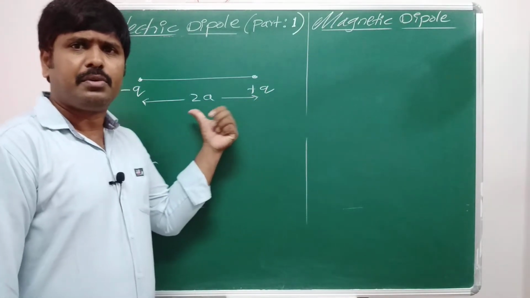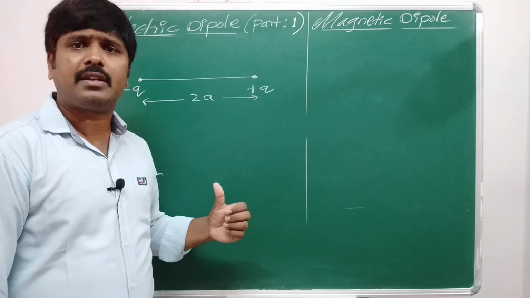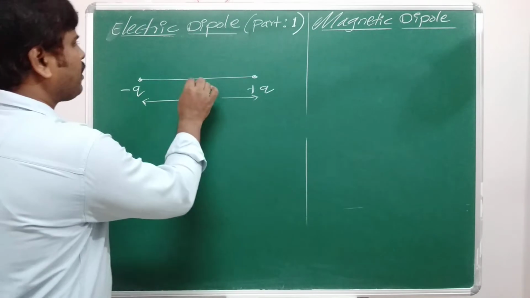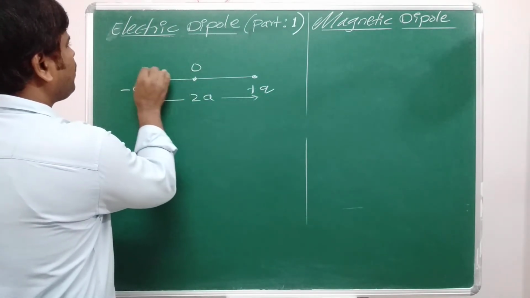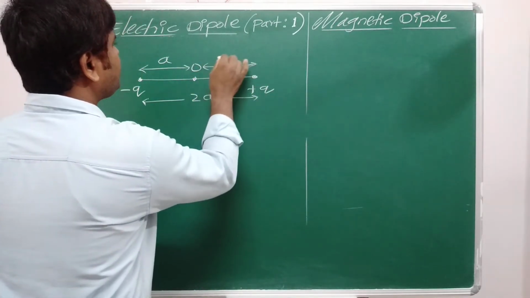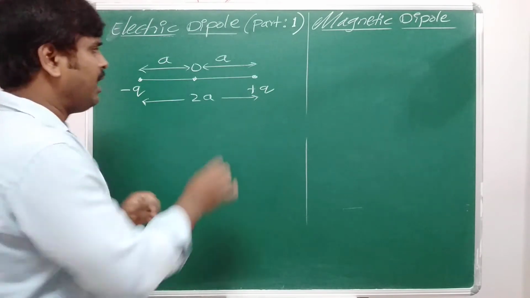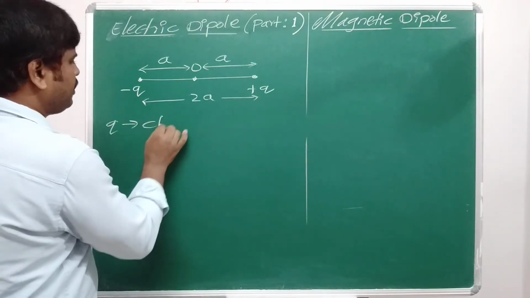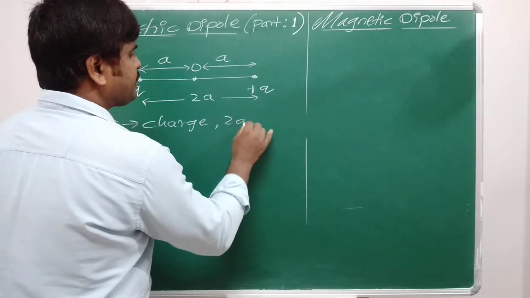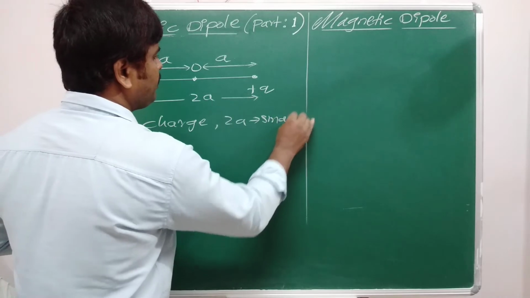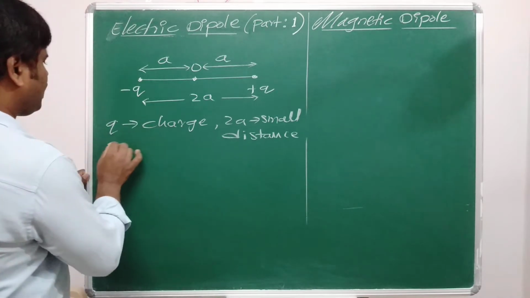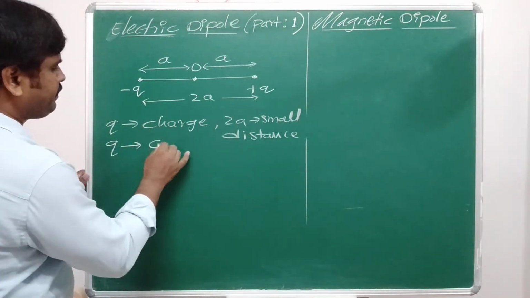Here O is the center of the electric dipole, the center to the negative charge is a distance a, and the center to the positive charge is also a. Here q is the charge, and the distance is small. The SI unit of charge is coulomb.